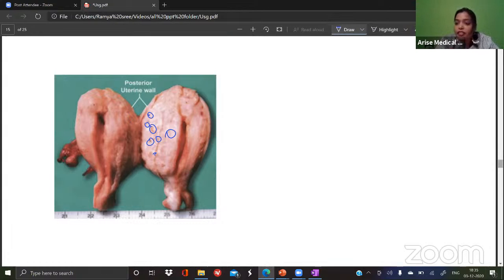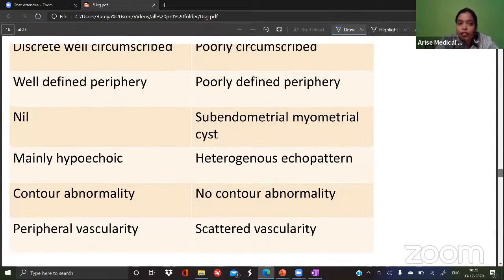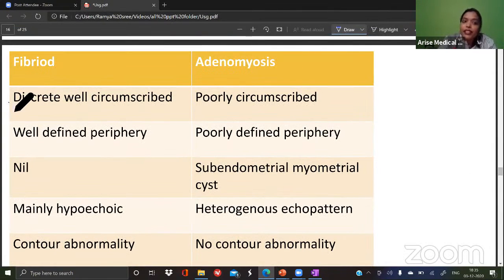On USG, the difference between fibroid and adenomyosis is that fibroid is well circumscribed, but adenomyosis is scattered all through the posterior wall, so it is poorly circumscribed, with a poorly defined periphery. Fibroid has a well defined periphery. You have subendometrial myometrial cysts.